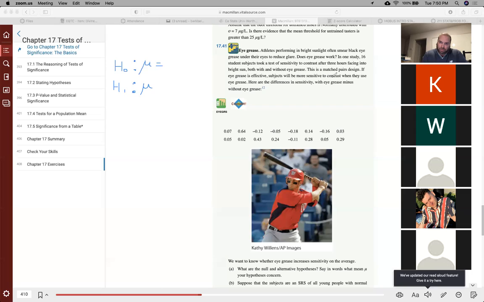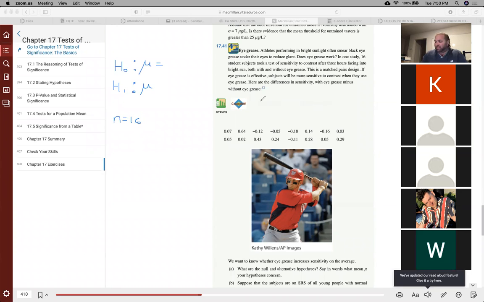It's all in this paragraph. Of course, not n, that's just 16. So it's not that number. What are we testing?